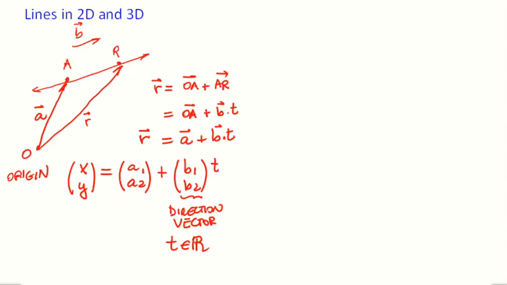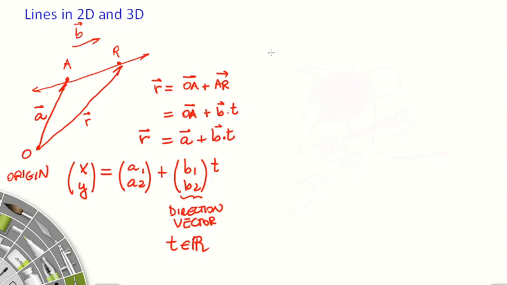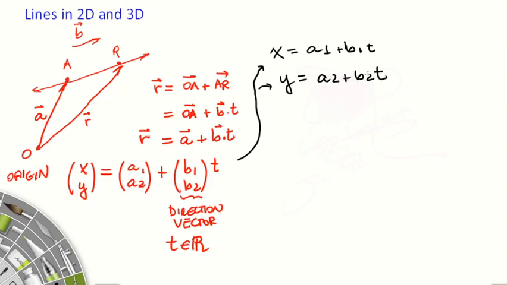If we expand this vector equation, we can actually get two equations: x equals a1 plus b1 t, and y equals a2 plus b2 t. That vector equation we can break down into two equations, and we call those the parametric equations.